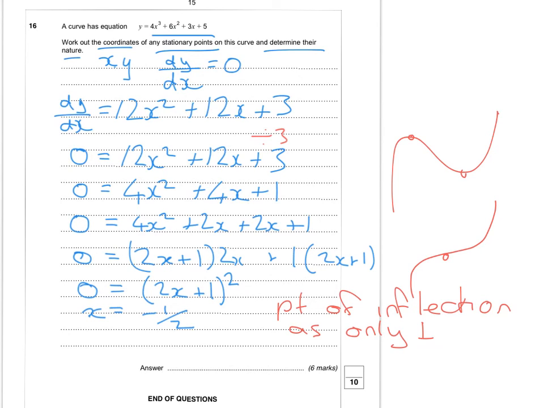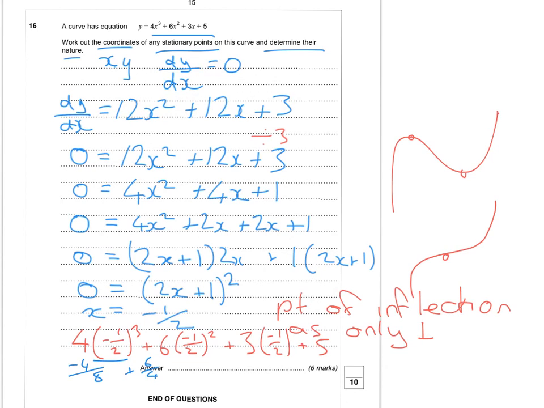Okay, now we need to find the y coordinate. So 4 brackets negative a half cubed plus 6 times negative a half squared plus 3 times negative a half plus 5. Okay, this is negative 1/8, so that's minus 4 over 8. This is a quarter, so that's plus 6 over 4.